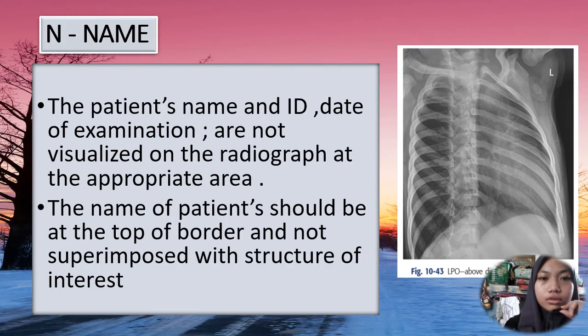Okay, and for name, first the patient name and ID, date of examination are not visualized on the radiograph at the appropriate area. The appropriate area for the patient name should be at the top of the border and must not superimpose with the structure of interest.